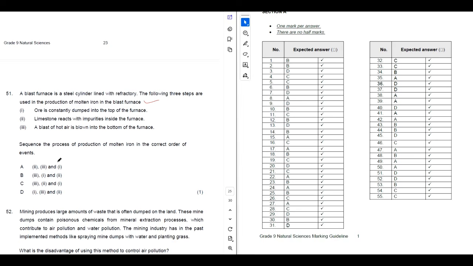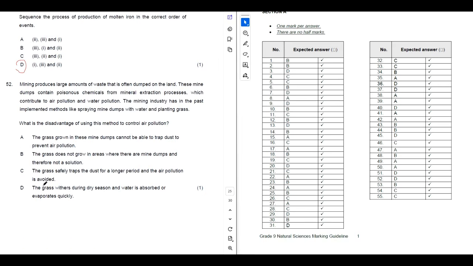Okay, and we can see that we will start with A, which says ore is constantly dumped into the top of the furnace, and then our second one will be 3, which says that a blast of hot air is blown into the bottom of the furnace, and then our last one will be limestone reacts with impurities inside the furnace. So our correct answer will be D.